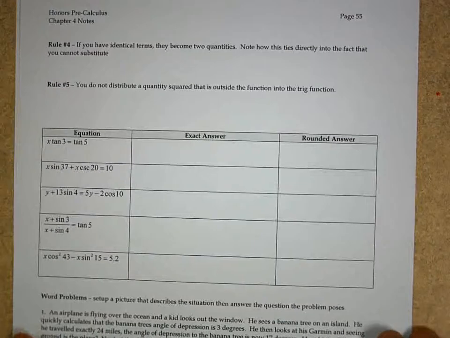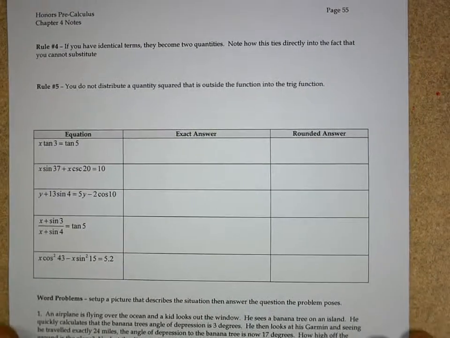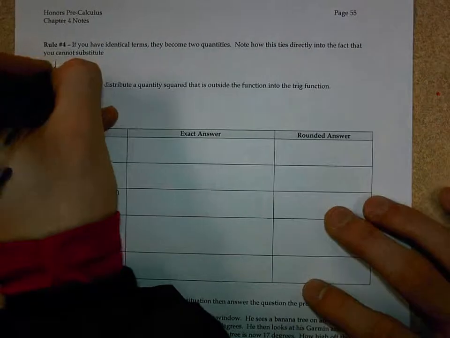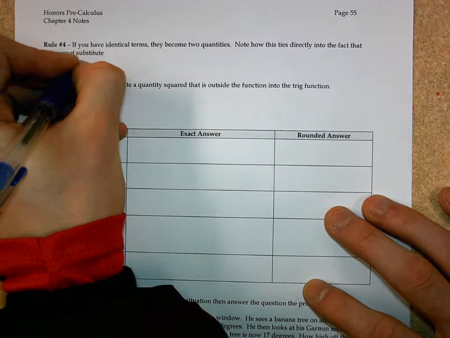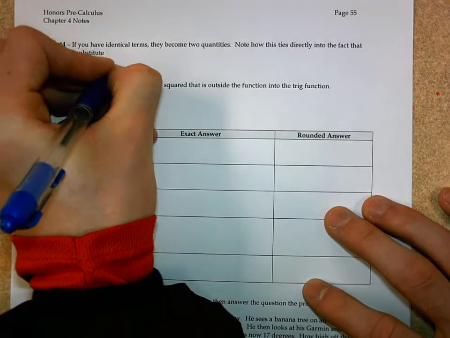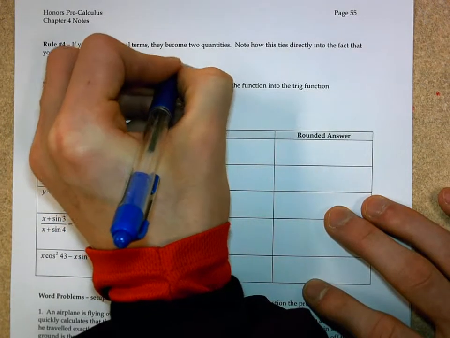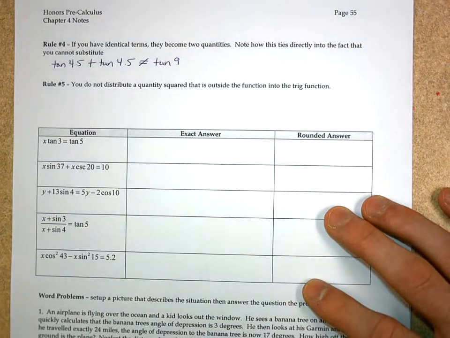Rule number 4, if you have identical terms, they become 2 quantities. An example of that would be if I have the tangent of 4.5 plus the tangent of 4.5, we've already said that does not equal the tangent of 9.